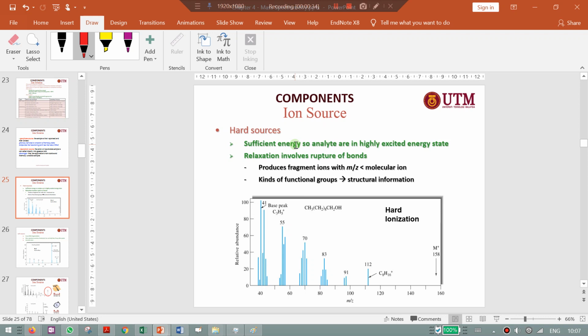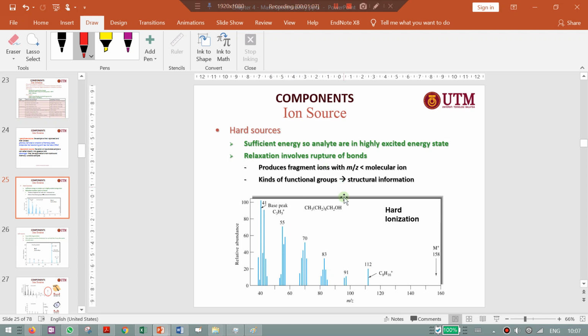Because we use high energy, the molecule goes to an excited energy state and then undergoes a relaxation process that involves rupture of bonds. So the molecule converts into a few fragment ions.